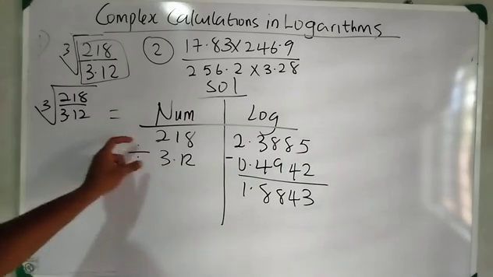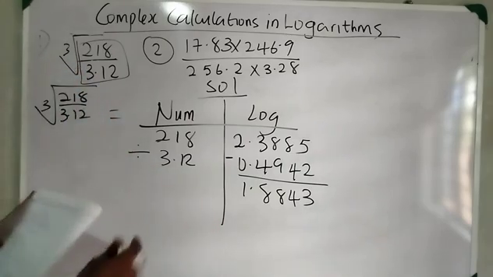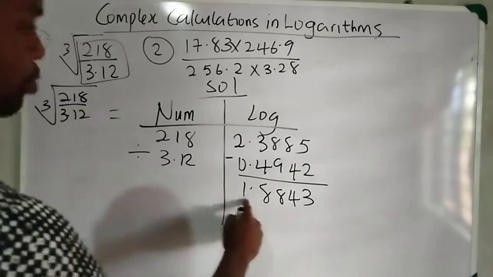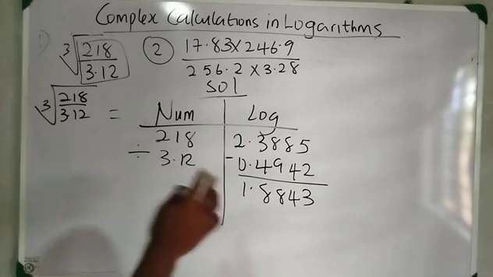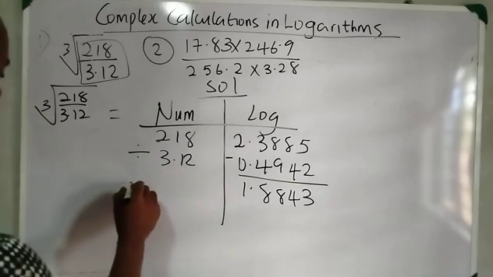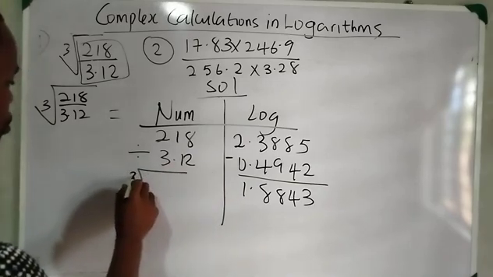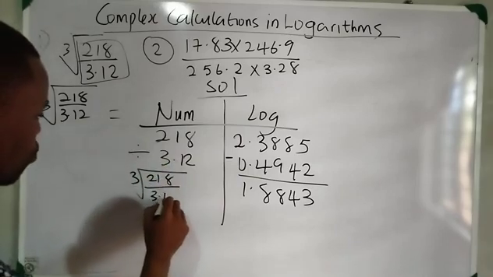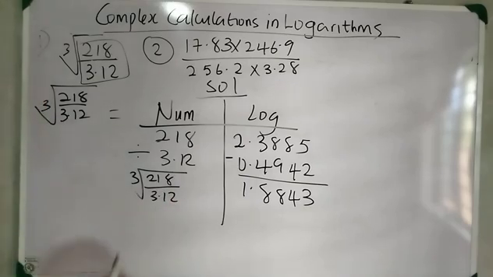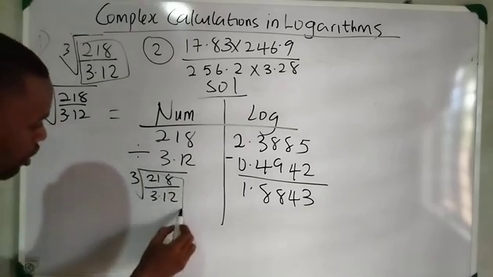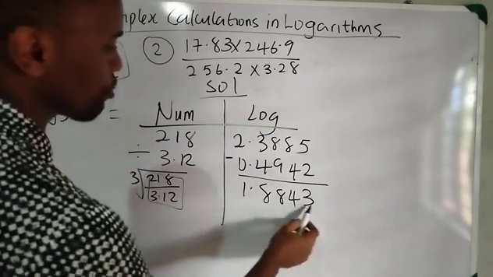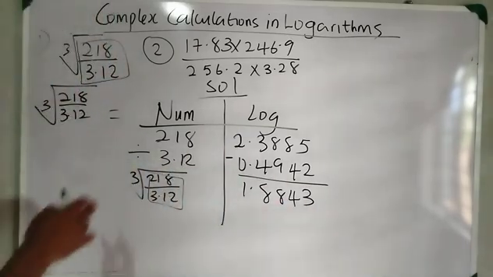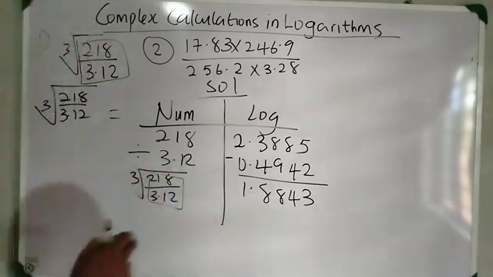So for now, we've only done this division. When we did the division operation, this was the answer in logarithms. So let's still work in logarithms. Now, the next operation is to cube root everything here, 218 over 3.12, right? But this whole thing, we have solved it already, right? And we got it as 1.8843. So this is the same thing as telling us to cube root this 1.8843.